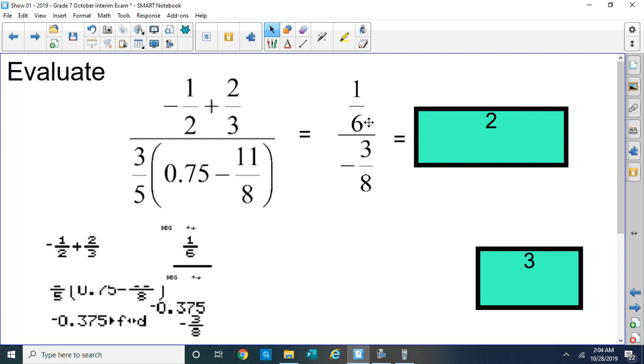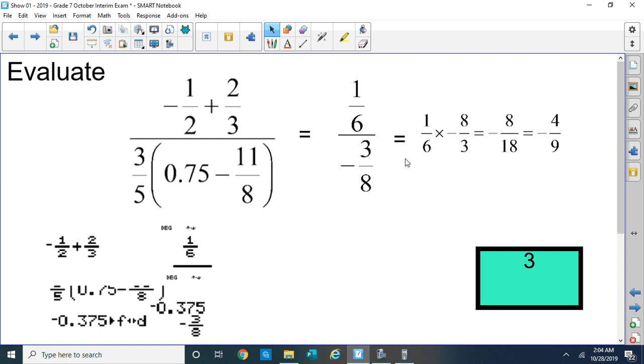So let's have 1/6 times the reciprocal, which means turn the fraction upside down, 8 over 3, which is negative. So we turn the second fraction upside down, and we're now going to multiply straight across. 1 times 8 is 8, and 6 times 3 is 18. We can divide this by 2 and divide this by 2, so we'll have negative 4/9.